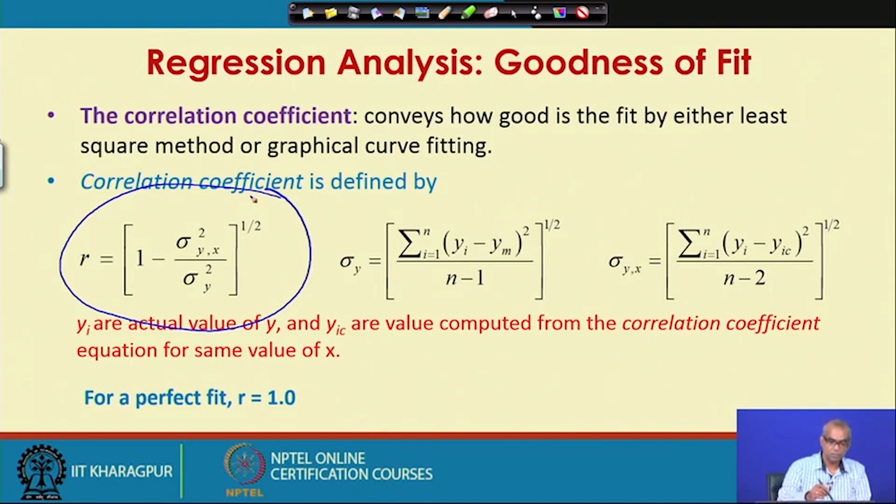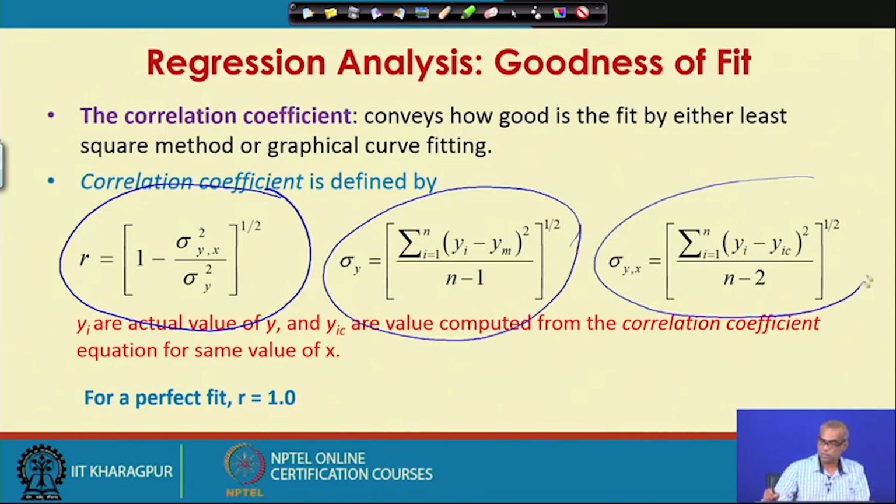Note that you have terms like sigma yx and sigma y. So, sigma y is this and sigma yx is this. y i are actual values of y and y i c are values computed from the fitted equation for the same value of x.